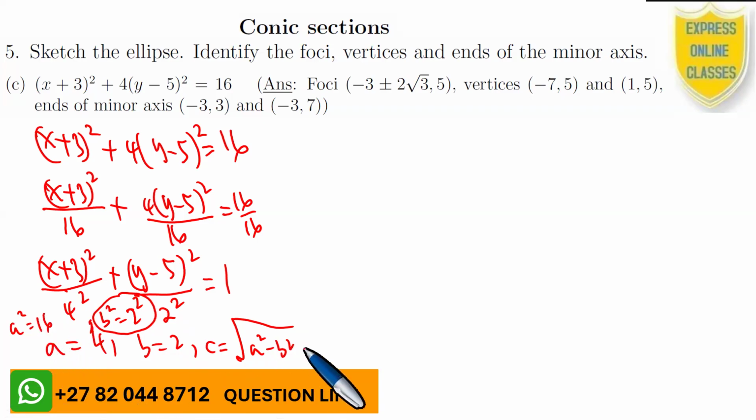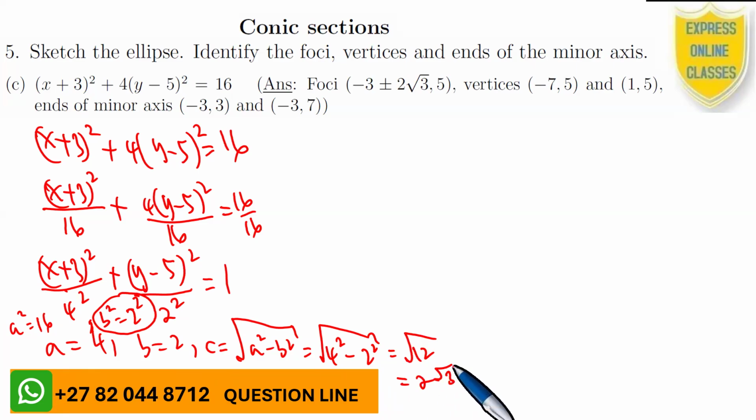So now you have a squared, which is the biggest one, and b squared, which is the smallest one. 16 minus 4 is 12, and the square root of 12 is 2 times the square root of 3.